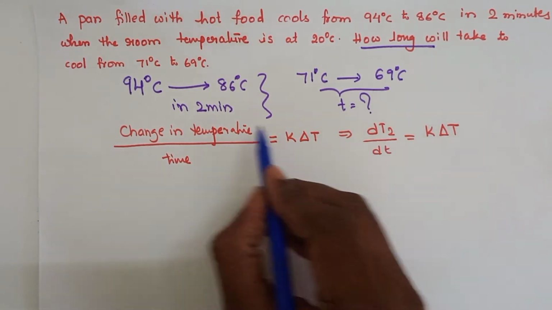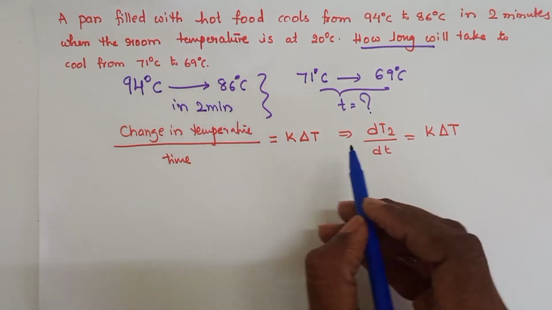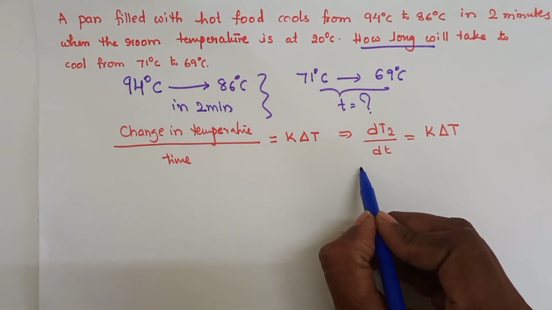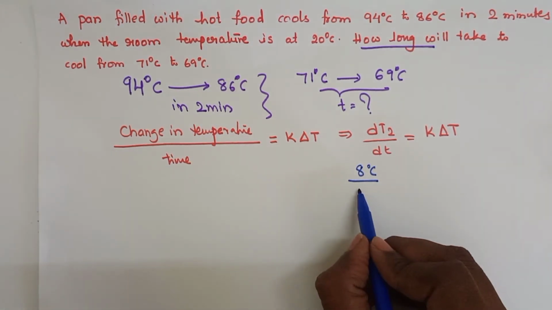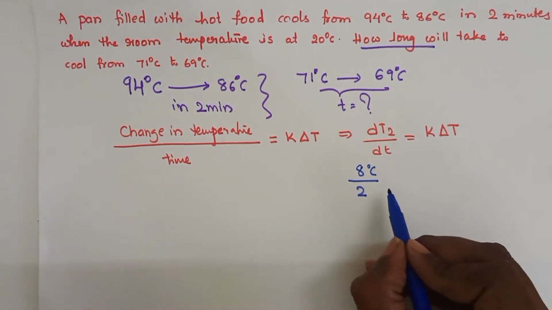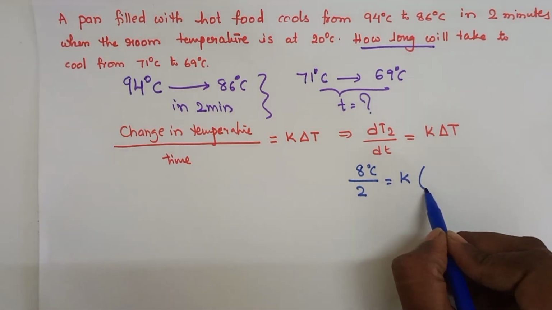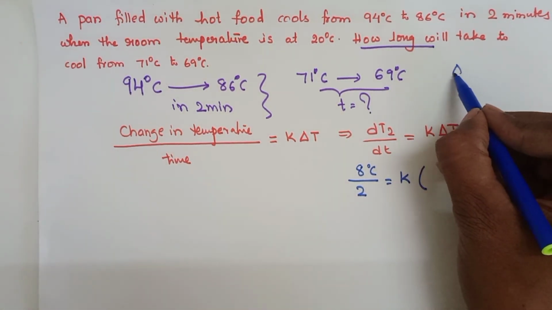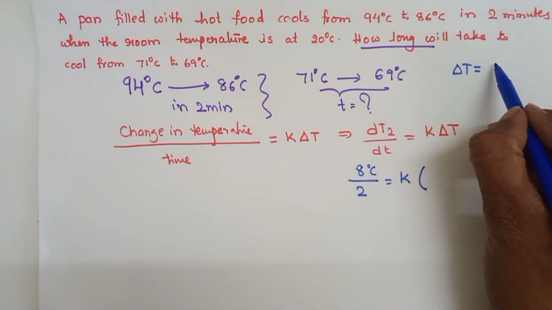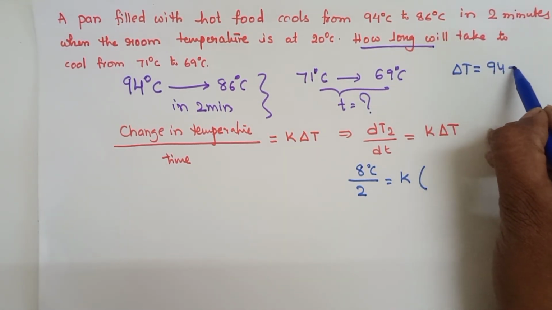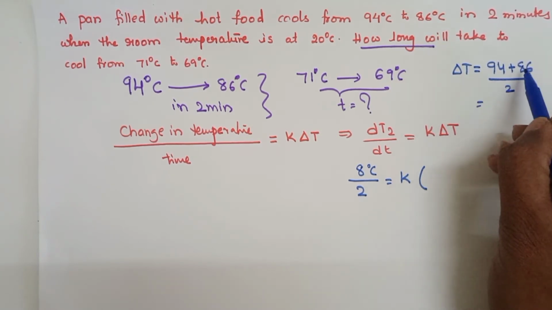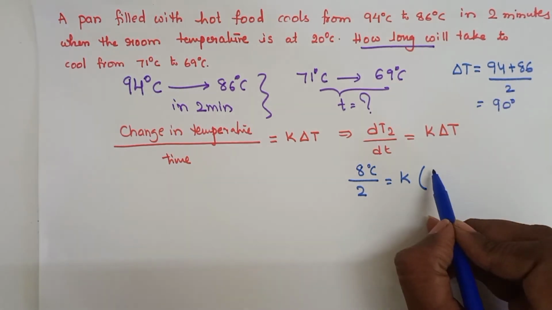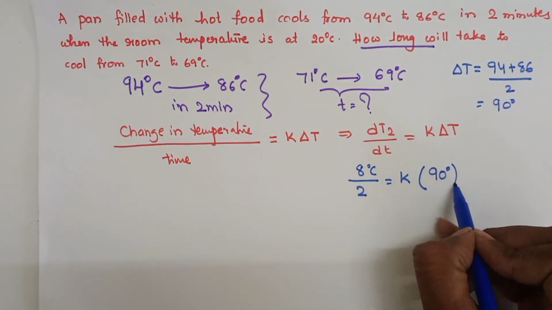What is the difference between 94 and 86? About 8 degrees centigrade. What is the time? Of course we will calculate in minutes only, which is 2, equal to K. What is delta T? Here delta T can be calculated as the average of both temperatures, 94 plus 86 by 2. How much? 180 by 2, 90 degrees centigrade.